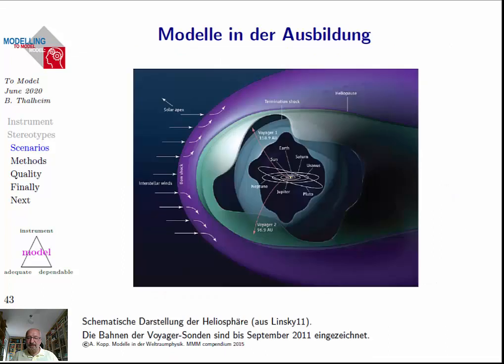We can also use models in education. I took here, and this is in German, sorry for that, a nice picture developed by Andreas Kopp for representing how the Voyager probes are somehow evolving depending on which systems they are approaching in astrophysics.